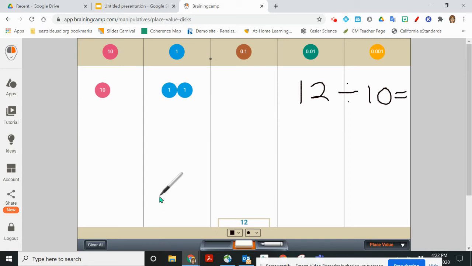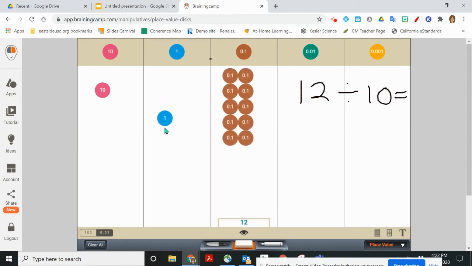To divide these up, we're going to have to make some changes to them, and we're going to have to do some regrouping. As we cannot divide 2 by 10, we need to regroup into tenths. What's nice is that when we regroup, we have exactly 10 groups.